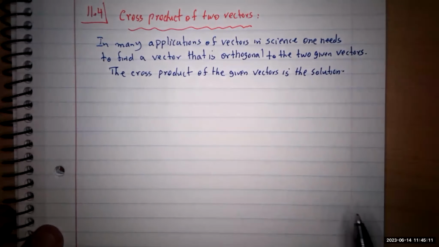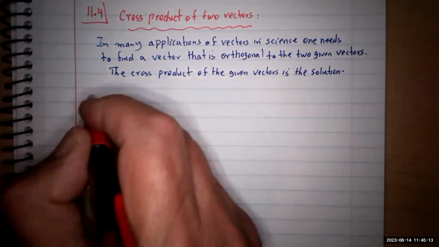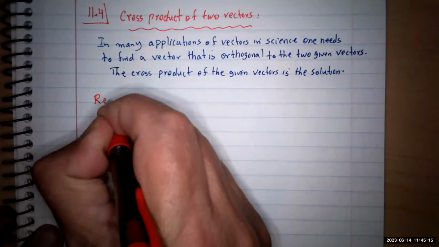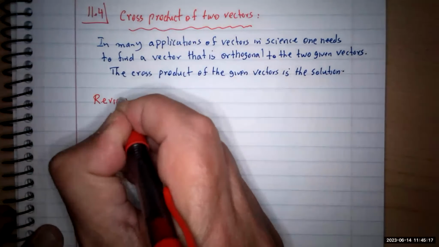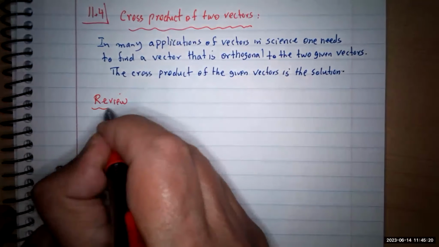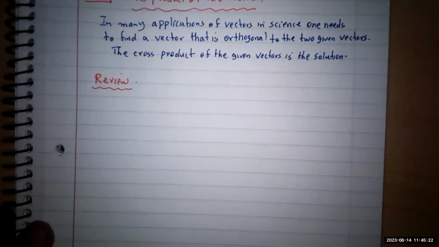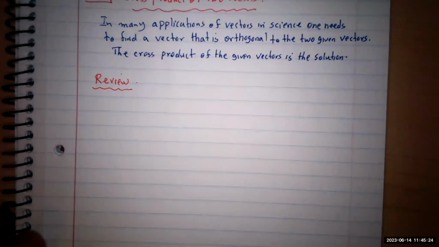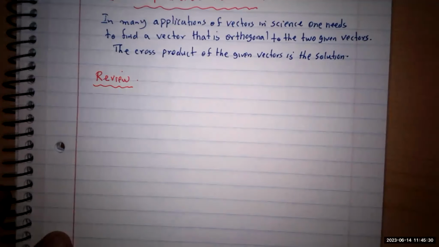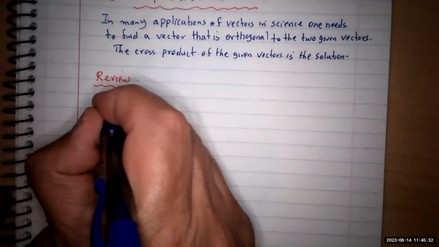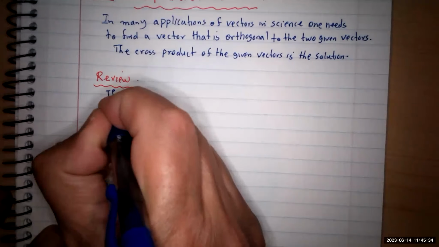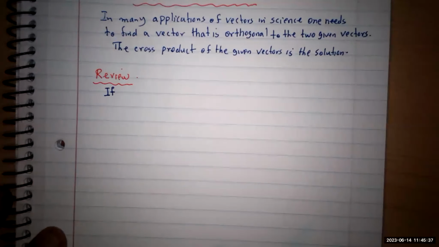Before getting to the definition, I have to do that review to make sure you are ready for it. I just review the notion of the determinant of a matrix. We need only the determinant of a 3x3 matrix, nothing else. If you have done linear algebra, you are fine, but otherwise we just talk about it.